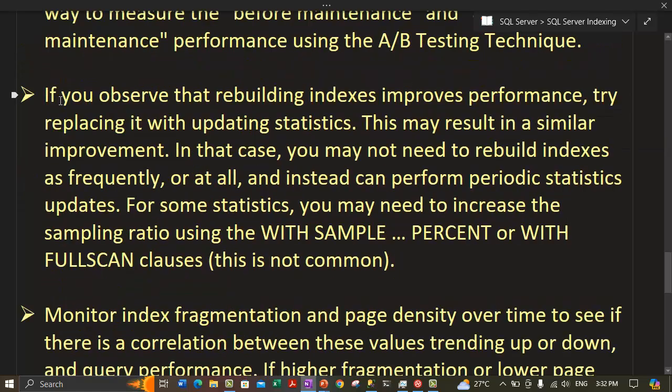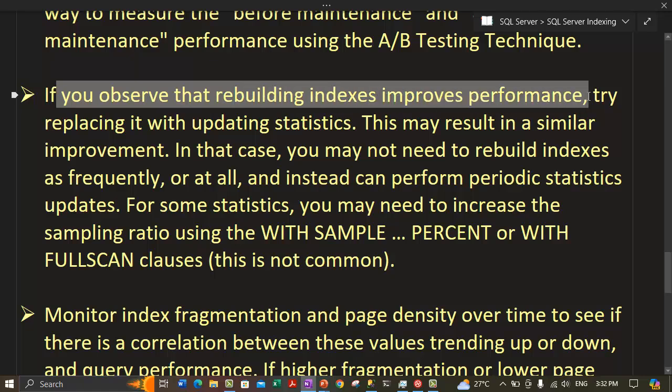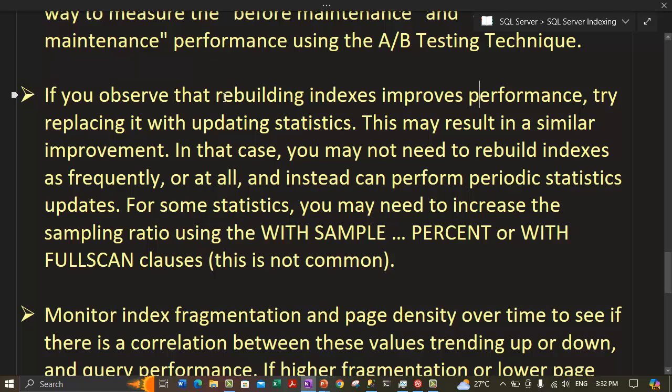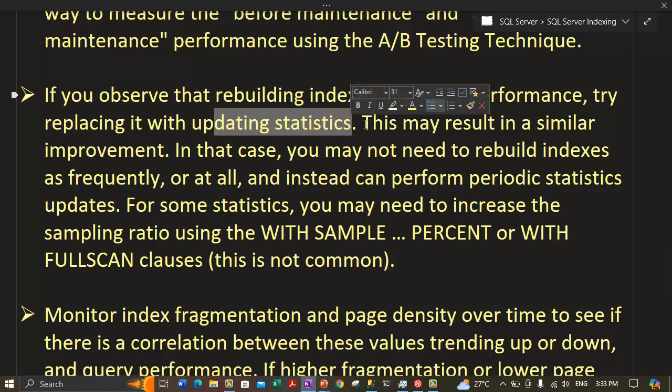Third point is, if you observe that rebuilding indexes improves the performance, try replacing it with update statistics. You should always try updating the statistics on the column first, instead of the rebuild index operation, to see if you can gain the same benefits using the update statistics command instead of rebuilding the complete indexes.